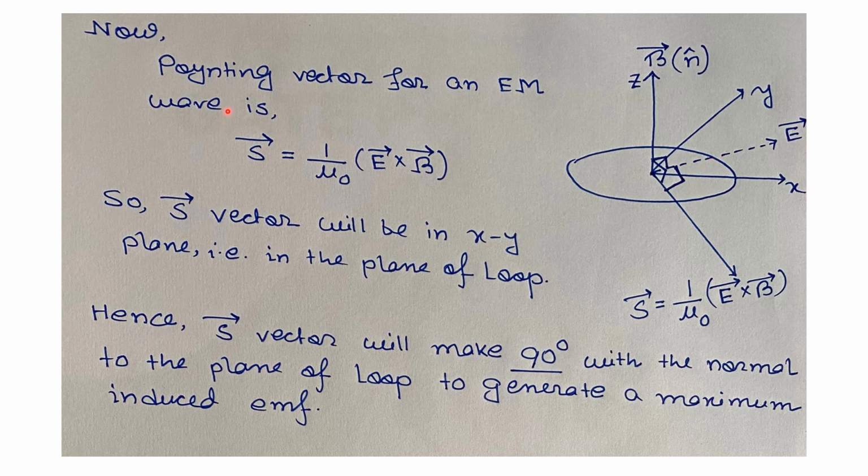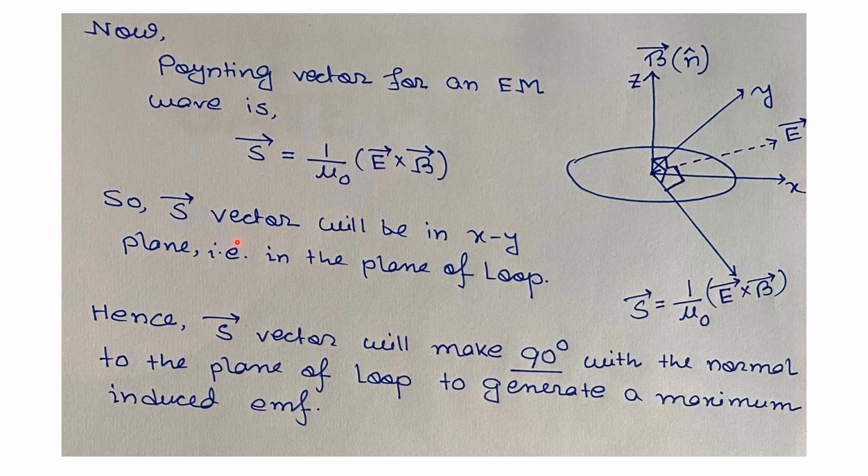Now Poynting vector for an EM wave is given by S vector equals 1 by mu naught times E cross B. Now if we consider the magnetic field vector is along n cap direction and our electric field vector is in the xy plane, then E cross B will also be in the xy plane, and that will be the same case if our magnetic field vector is antiparallel to the n cap direction.